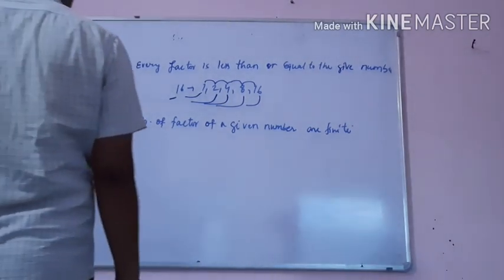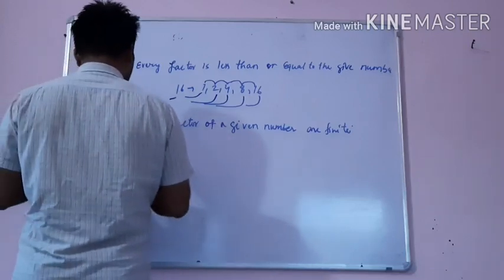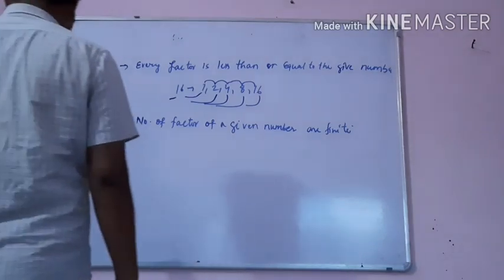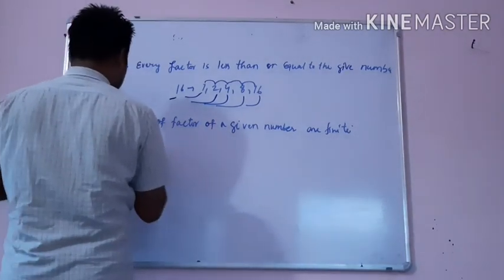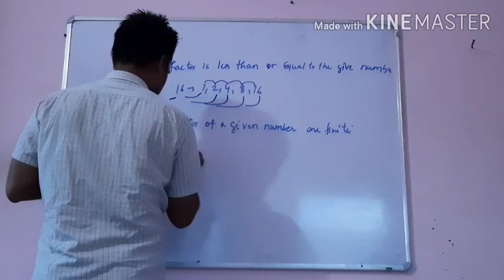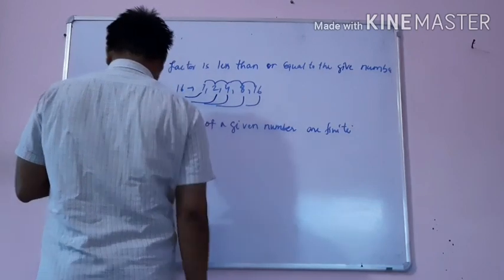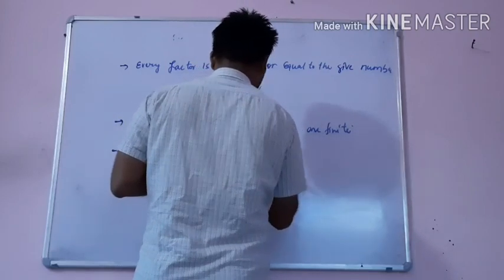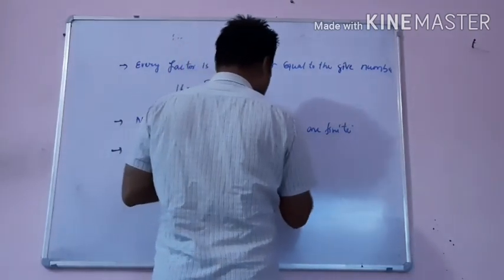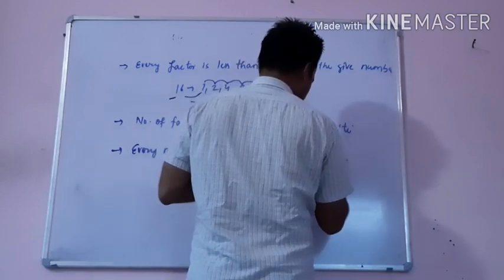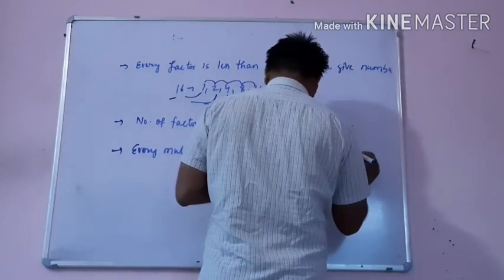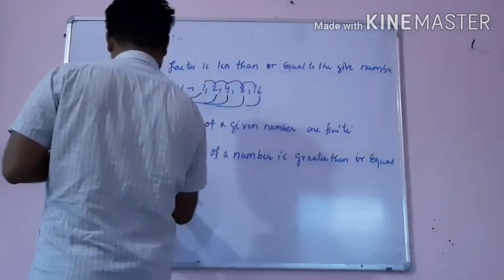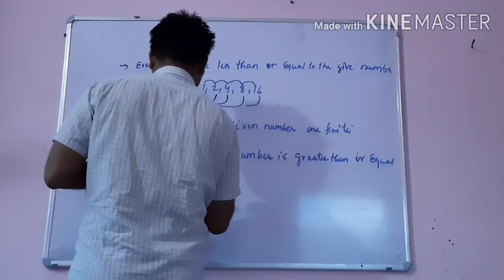Now, every multiple of a number is greater than or equal to that number. Till now we have discussed factors. Now we will discuss multiples.